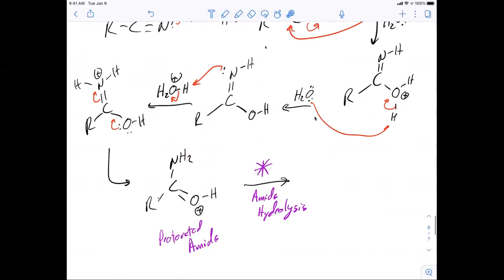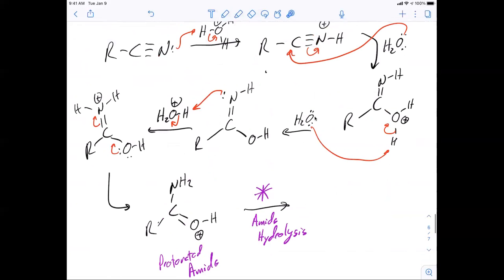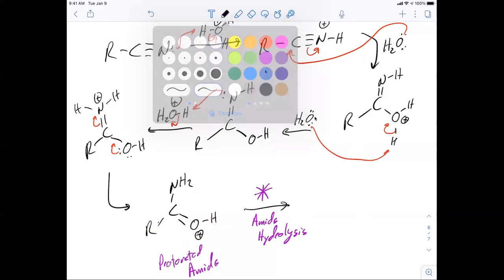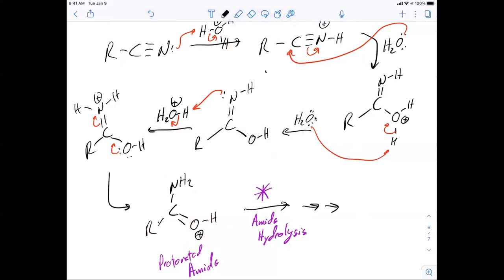Okay. So we get protonation, nucleophilic attack, we get proton transfer, then we get loss of this pi bond, right? So we create the double bond, giving us this, which is the protonated amine, and then that will continue through the mechanism to the acid.